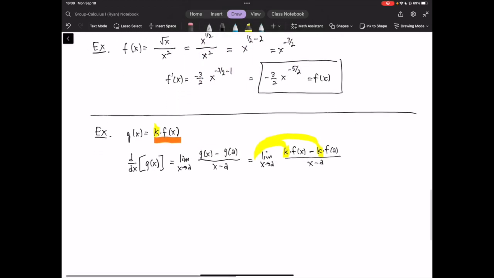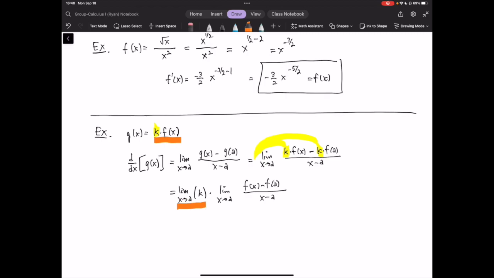And so maybe I should write this in slightly more detail since we're just doing it once here. The limit as x approaches a, I'm going to factor that k out, times the limit as x approaches a of f of x minus f of a all over x minus a. All right? And then the point here is that the limit as x approaches a of a constant, we know exactly what that is.